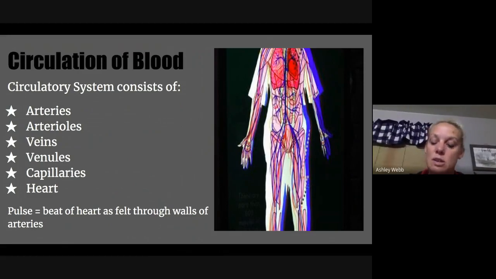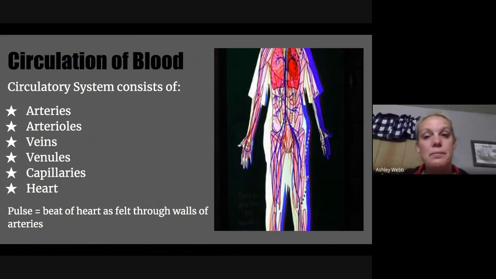If I took my wrist, this is the easiest place to find a pulse. If I'm feeling on the radial side of my wrist, I can push that artery against the bone and feel the beating of the heart as that blood is being pushed through the artery.